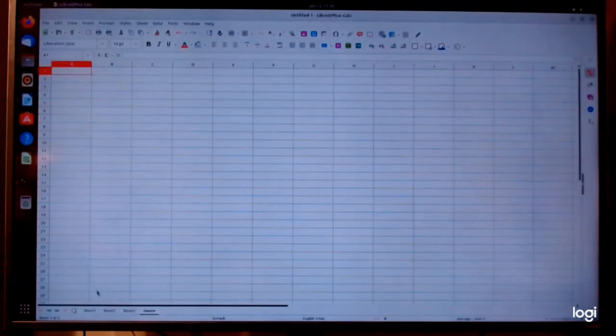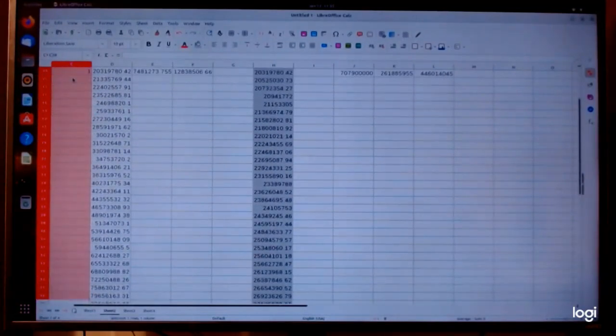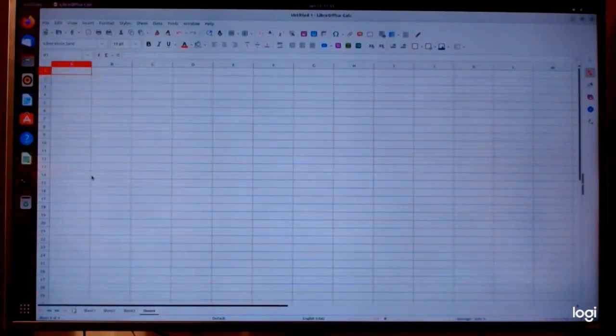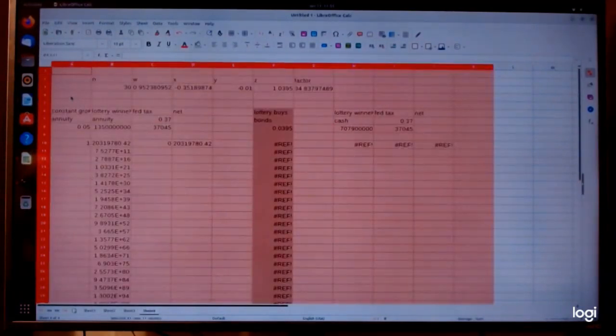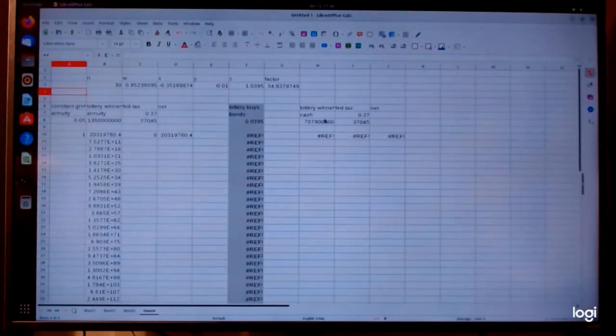We can also look at our annuities. Let's see, copy. Now, oops, I didn't do that right.